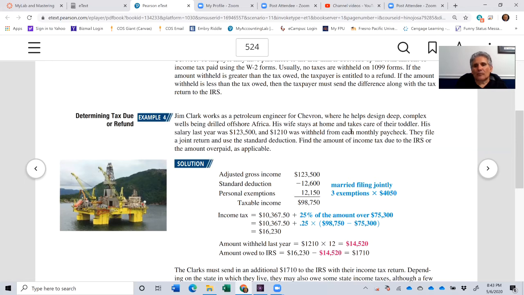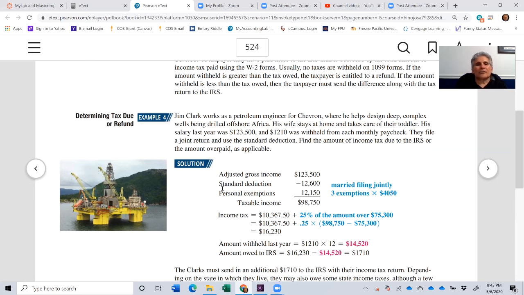His wife stays at home and takes care of their toddler. His salary last year was $123,500, and $1,210 was withheld from each monthly check. They file a joint return and use the standard deduction. Find the amount of income tax due to the IRS or amount overpaid as applicable.